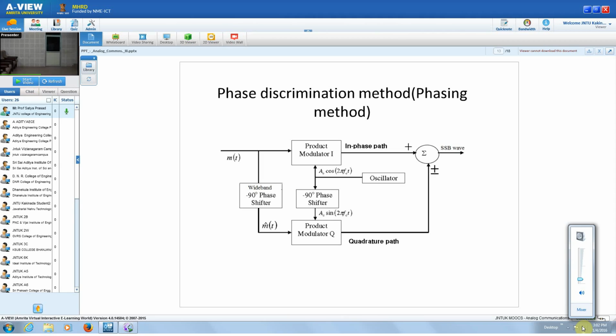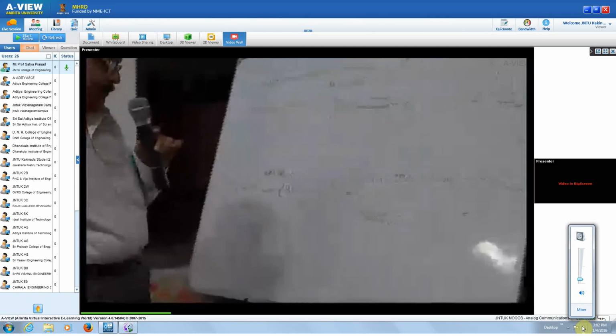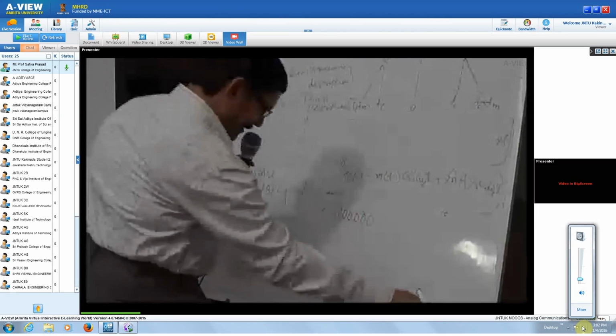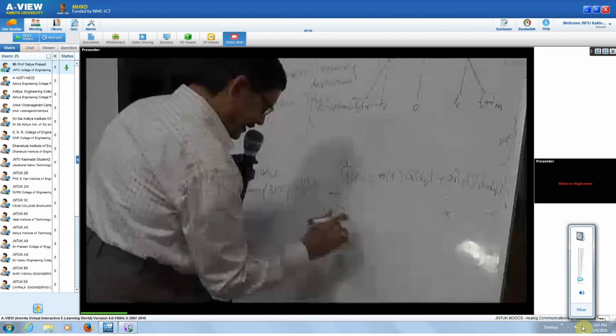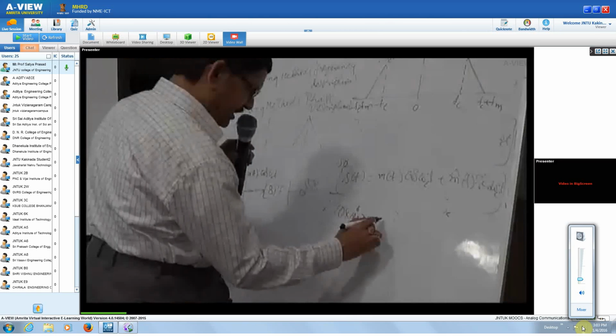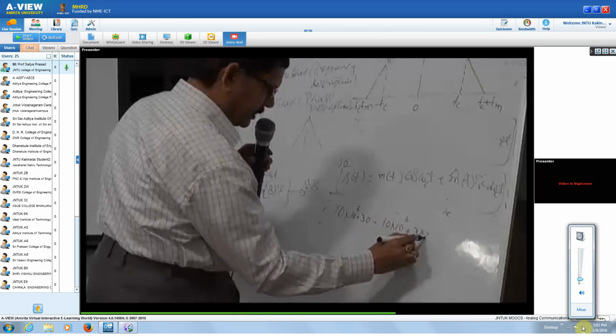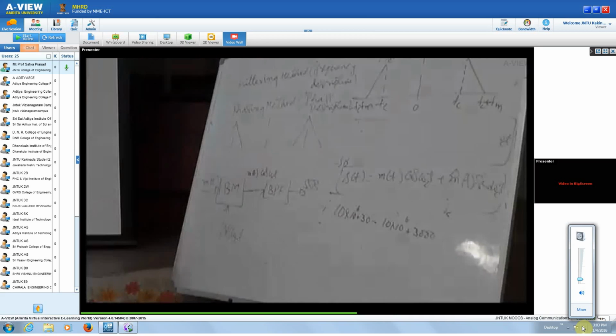So 10 into 10 to the power of 6 plus 30 to 10 into 10 to the power of 6 plus, let us say, 3 kilohertz, because higher frequencies don't carry much energy, therefore I am restricting it to 3 kilohertz.